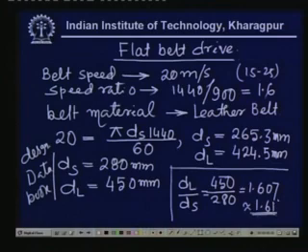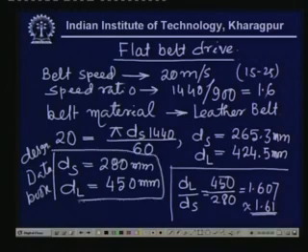So you see that the choice of this speed ratio is quite okay, because our idea was to get 1.6 and we have found that it is coming out to be 1.61. So the choice of these two pulley diameters is quite okay.